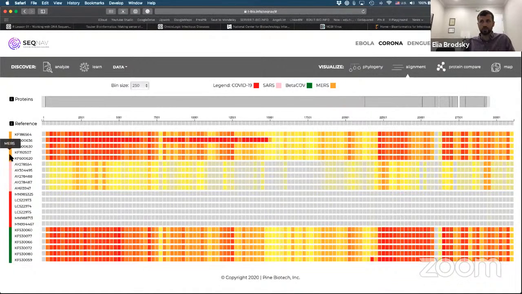Which other group, MERS, SARS, or beta coronavirus, is the closest to this virus that causes COVID-19? Okay, so Abir is saying MERS. Any other guesses?